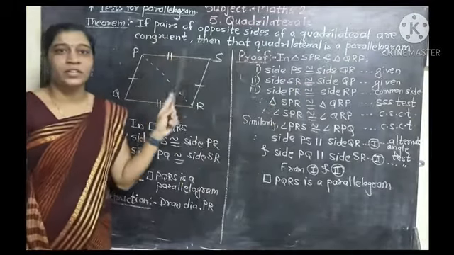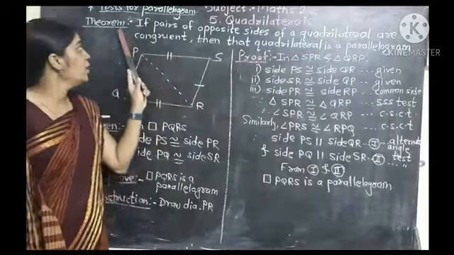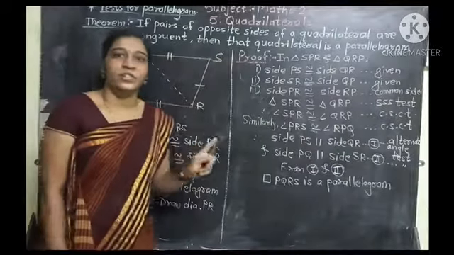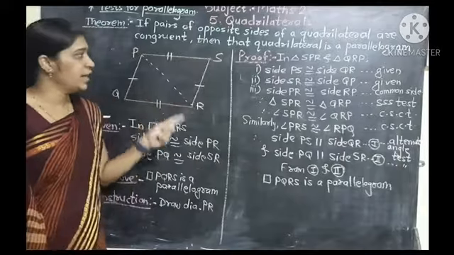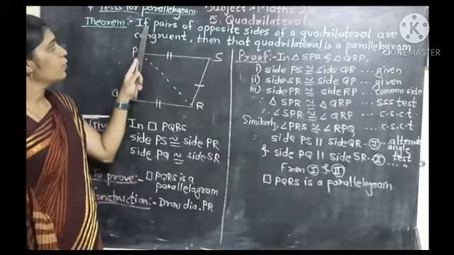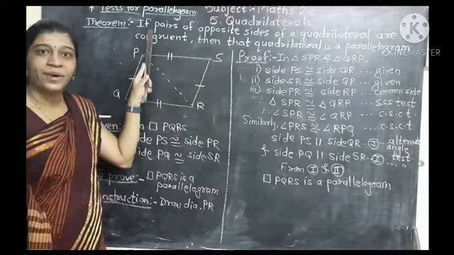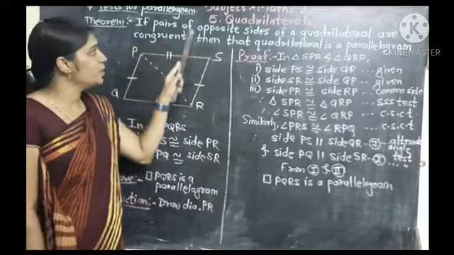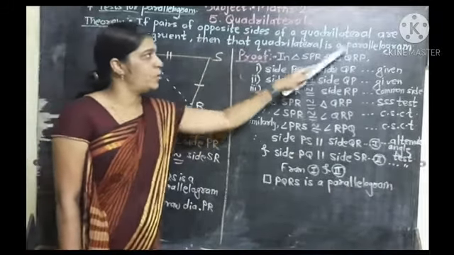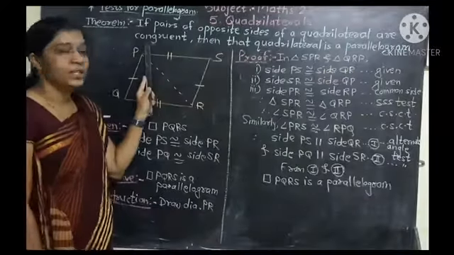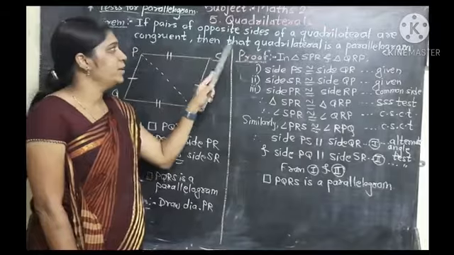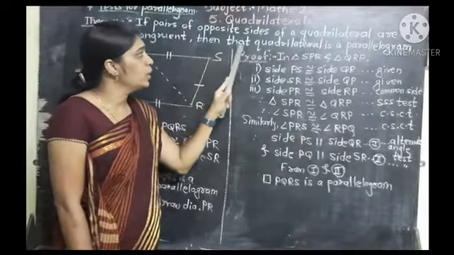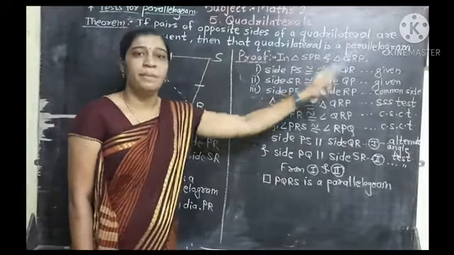First you understand the meaning of that theorem, then you can easily write the proof. What is given here? The if part is given: pairs of opposite sides of a quadrilateral are congruent. And we have to prove the then part, that the quadrilateral is a parallelogram.